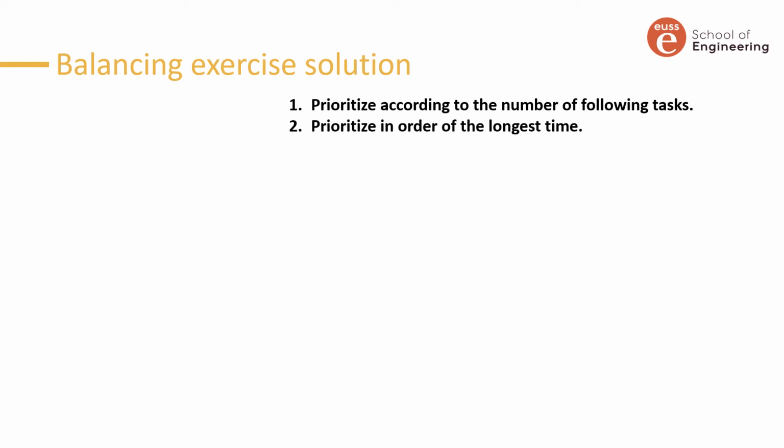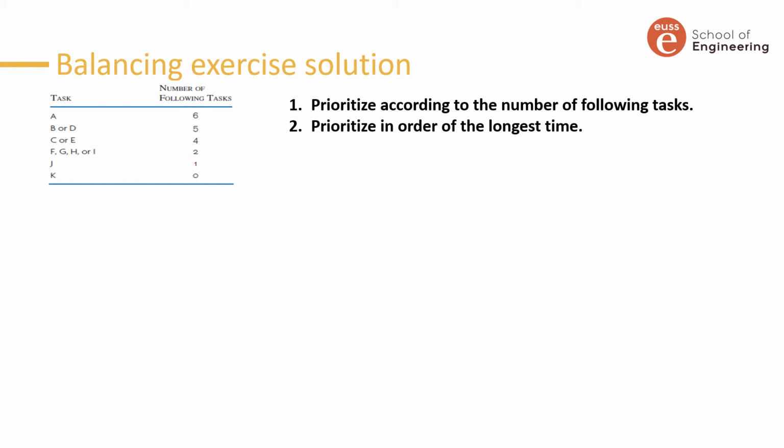So if we follow our primary rule and secondary rule based on what we have here, this table shows us the priority of the tasks. Why?